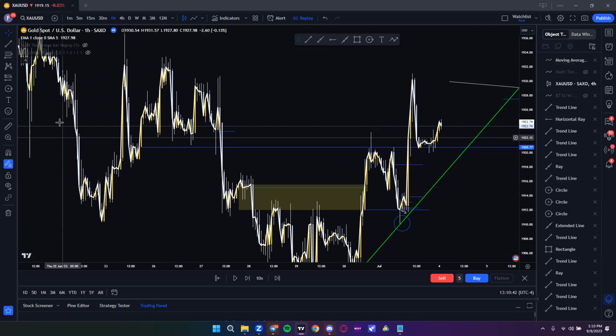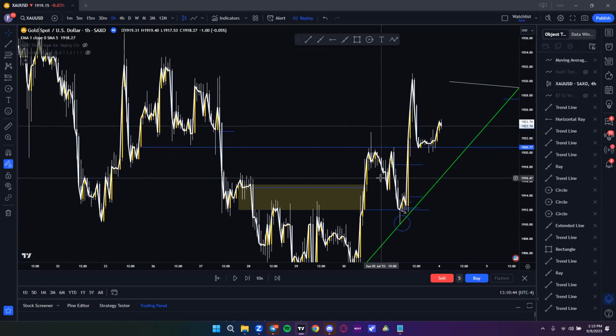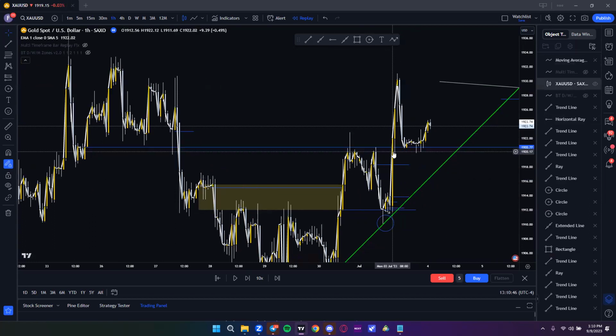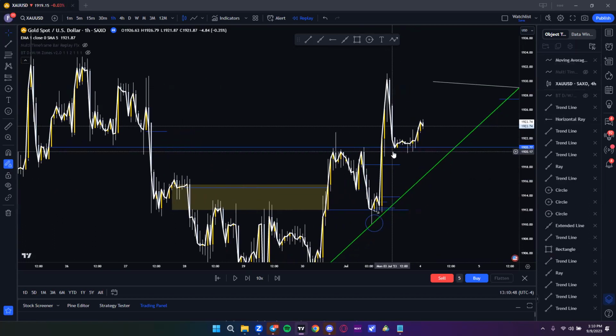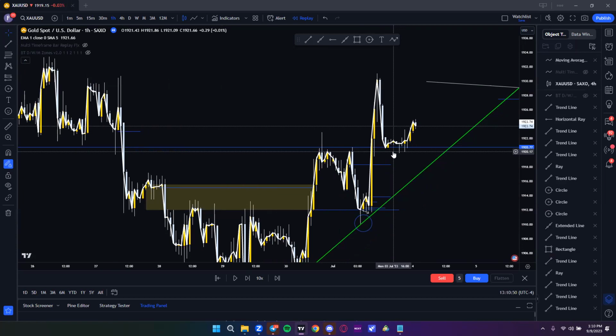But the idea is that you can use these levels as forms of support and resistance. Say you got into this position, you'll be able to add to your positions.